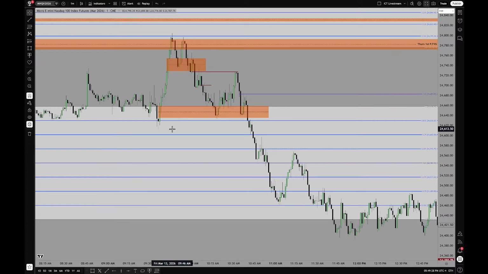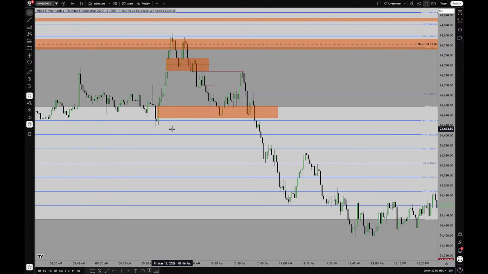So I got a question on X. I had a blue rectangle over top of this right here. Okay, so it kind of looked like this. See this little volume imbalance right here? I'm using the body close down to that. So this is a suspension block.